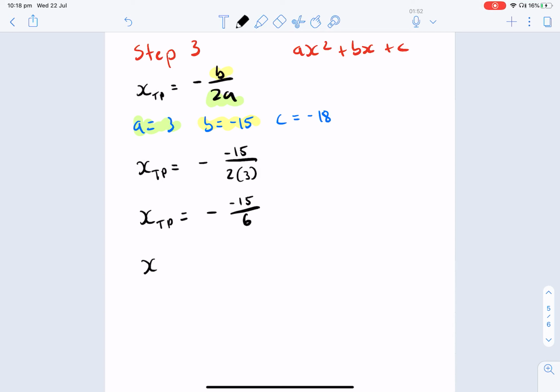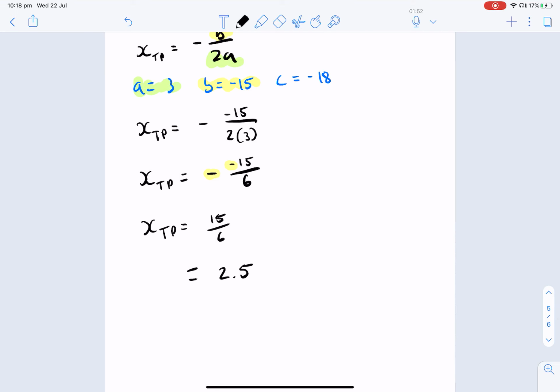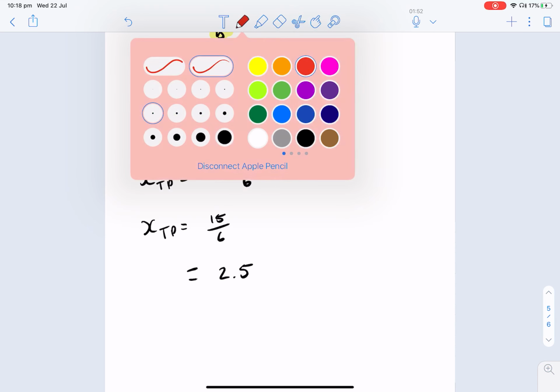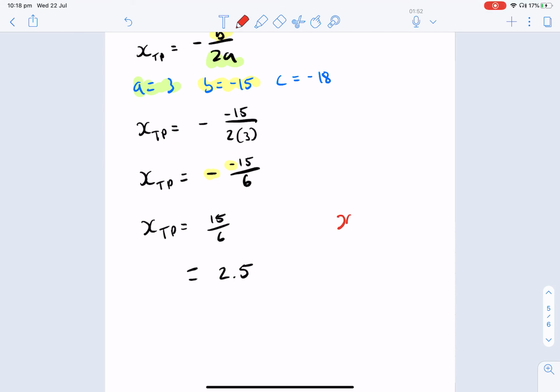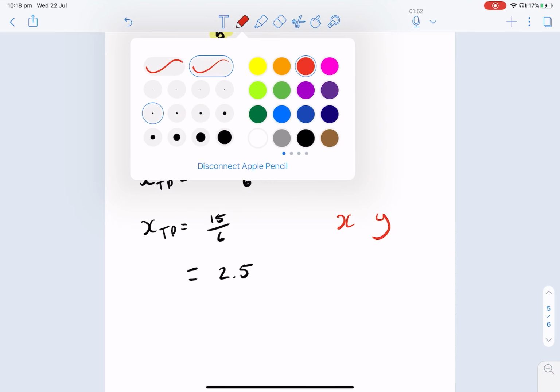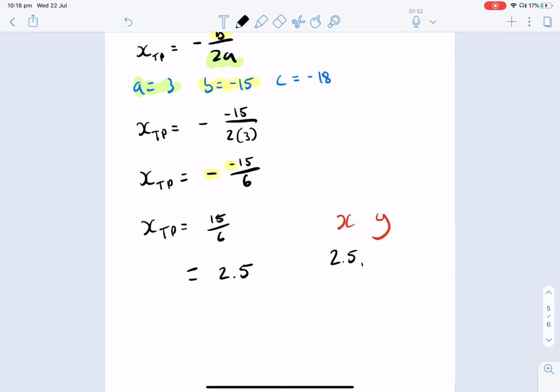And that can give us a turning point of positive 15 because we've got this and this. So we've got 15 over 6, and you put 15 over 6 in your calculator, it gives you 2.5. So that's our x coordinate, remember? Talking in terms of coordinates of x and y. We've just found our x, 2.5, and we're looking for our y value now.